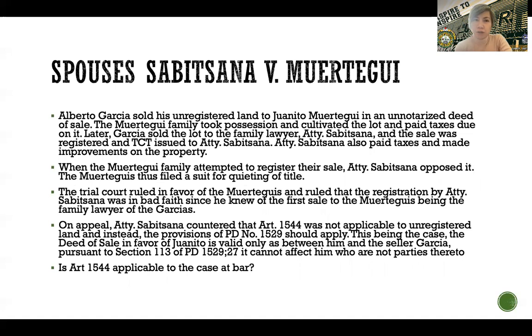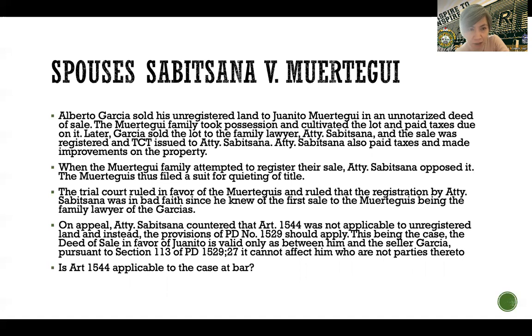How about in Spouses Sabitsana versus Muertegui? So in this case, guys, Alberto Garcia sold unregistered land to Juanito Muertegui. And this was in an unnotarized deed of sale. So the buyers were able to take possession. They cultivated the lot.